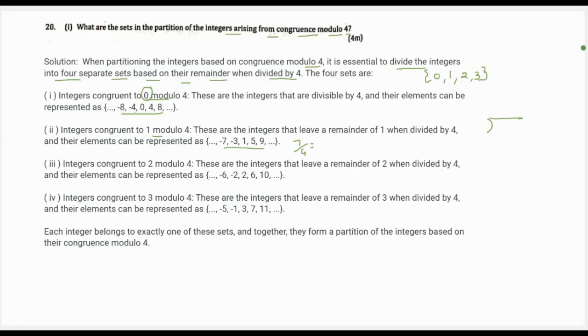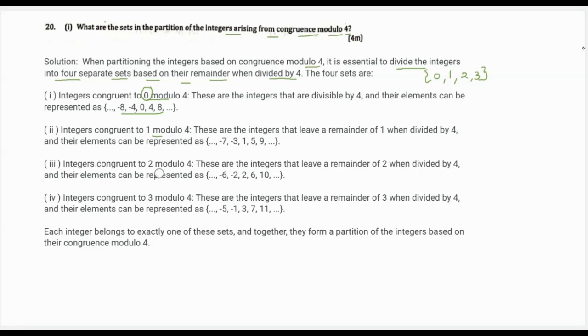If I take 7, it is not divisible, so in the congruence of 4 we get minus 7, minus 3, 1, 5 and 9.